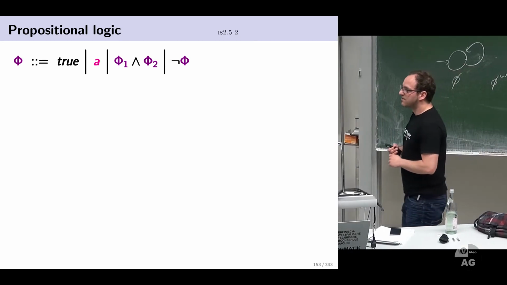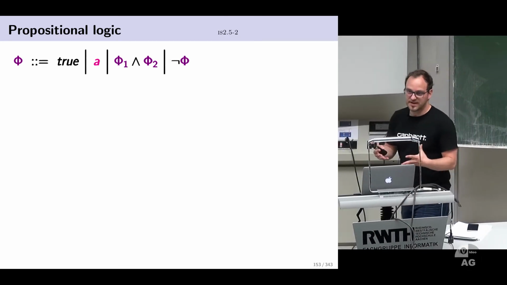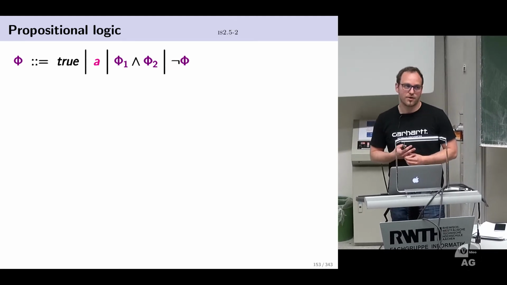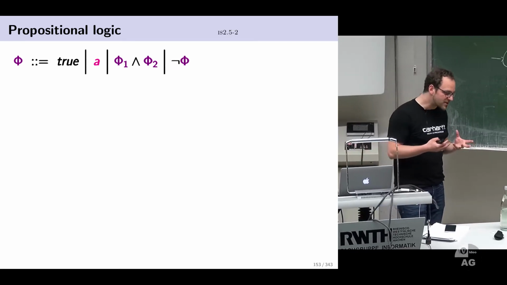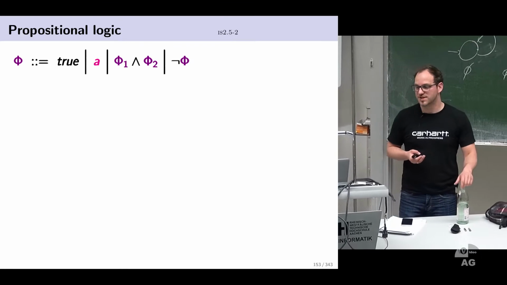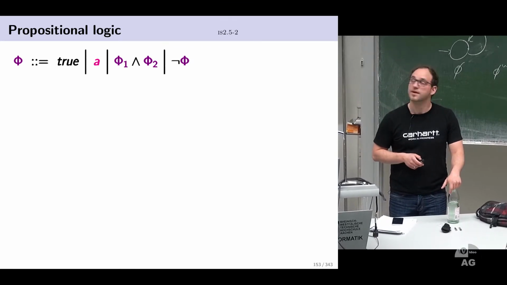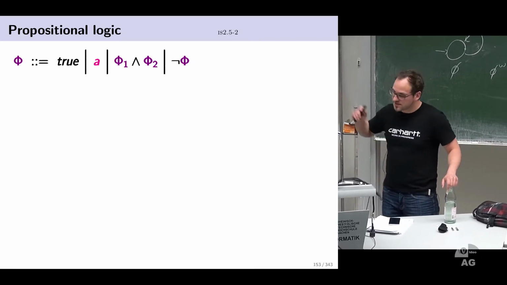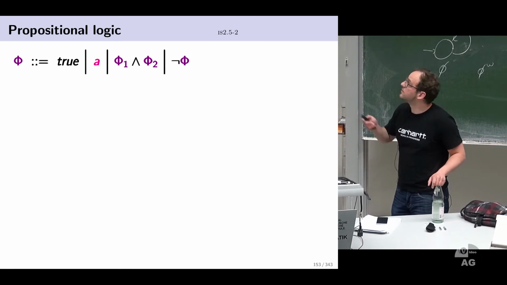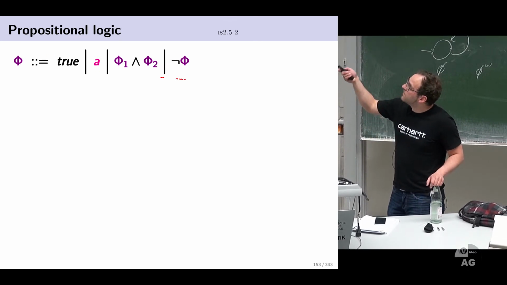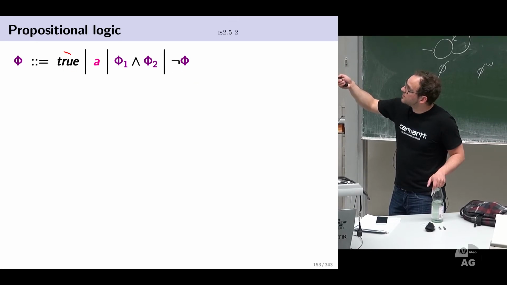And I've already said invariants are somehow local things. And as it turns out, we can characterize invariants just by propositional logic. And how do we do this? Well, first let's talk about propositional logic in our case real quickly. We define it to be every formula that respects this grammar.